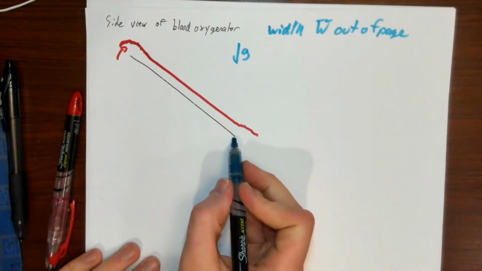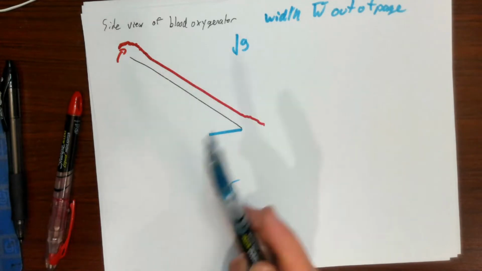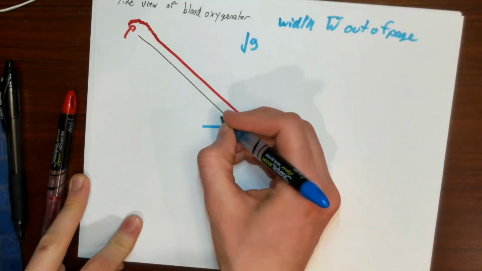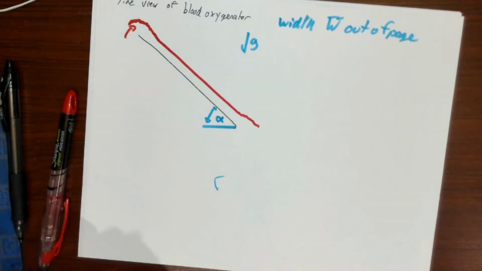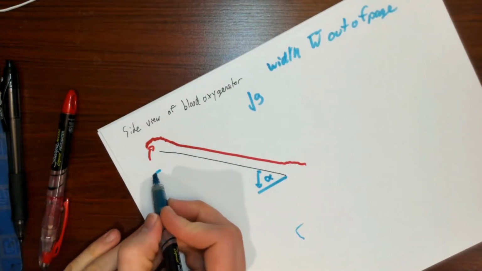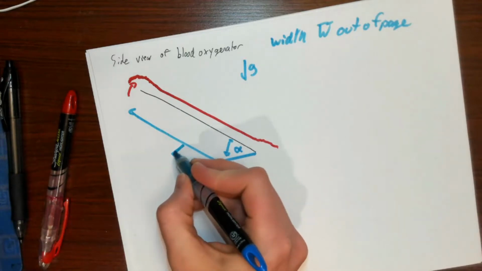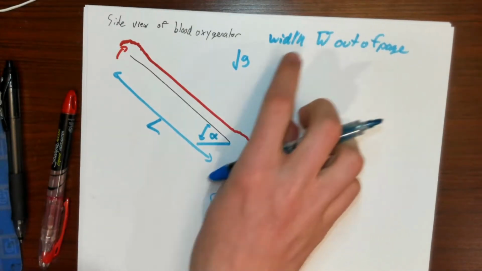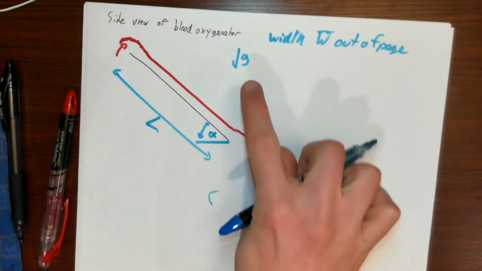I might say, hey, this ramp makes some known angle with the ground, with horizontal, that I'll call alpha. Right? So there's some angle alpha that the ramp makes with the ground. And there's some long length of the ramp, L, that's known as well, right? These are all things that I could measure. I could take out a ruler and measure these things, or a protractor and measure that. I know what g is, right?